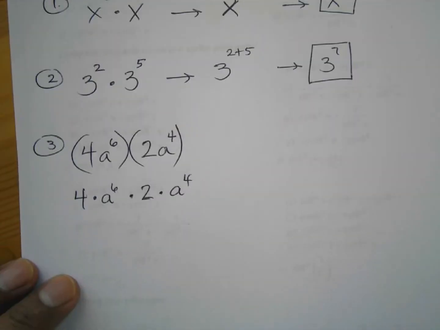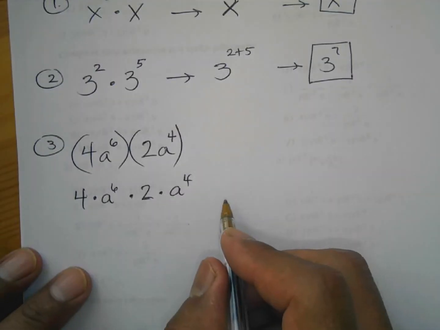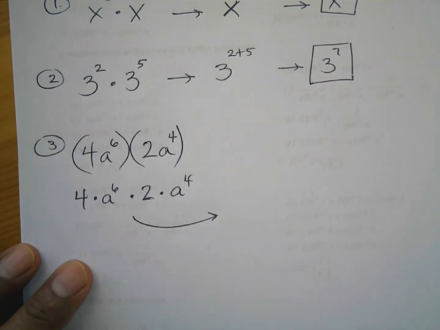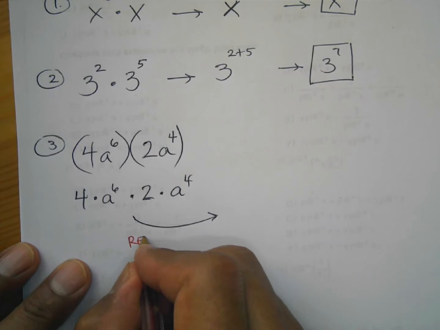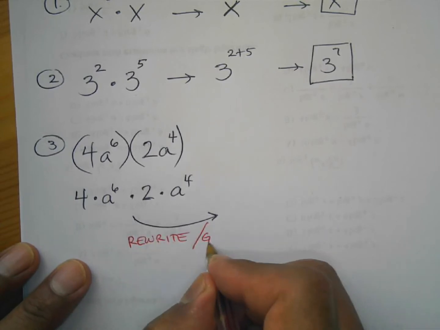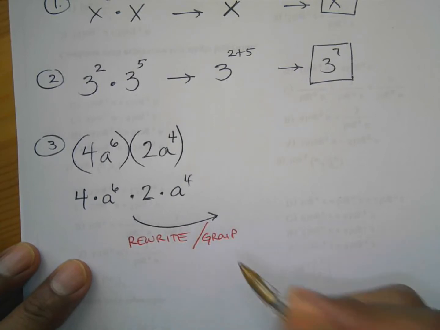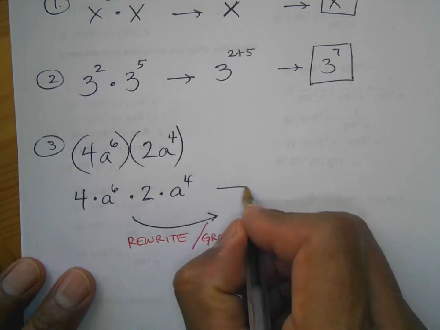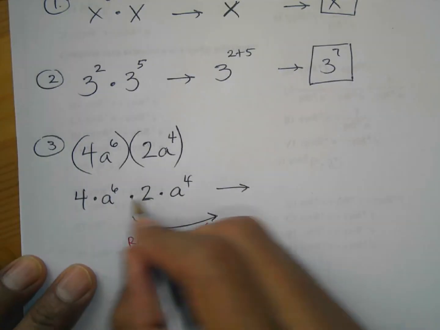But you're going to want to rewrite this. We're going to rewrite and group. What do I mean by rewrite and group? You're going to group like terms. Well, the numbers you're going to put first.